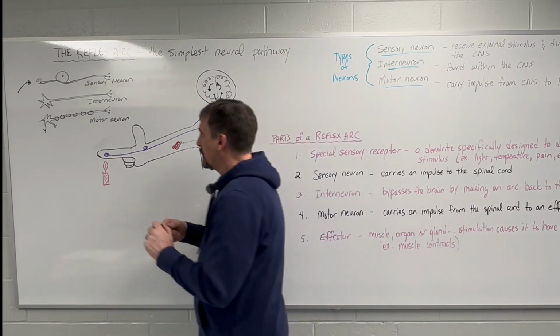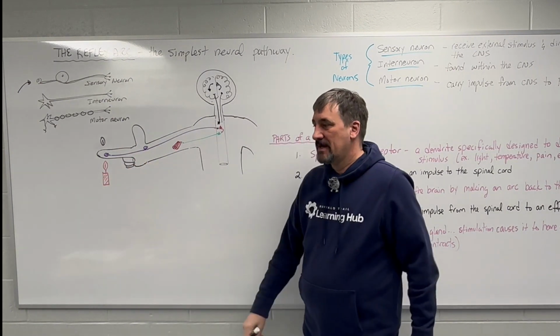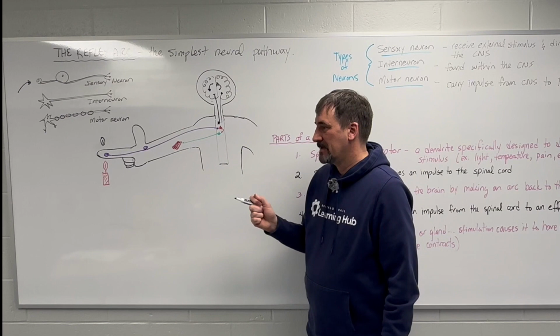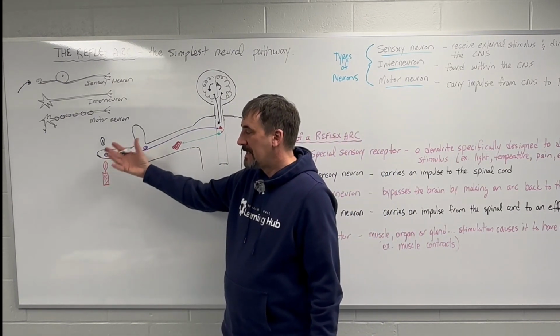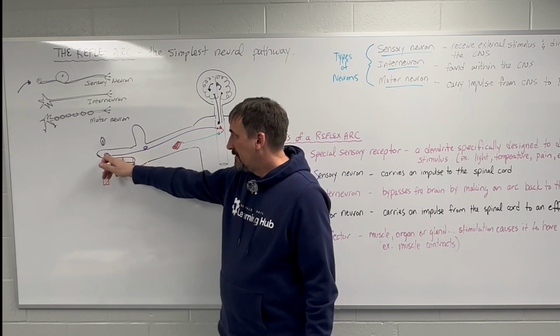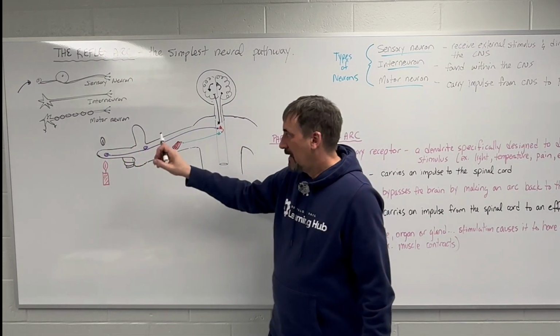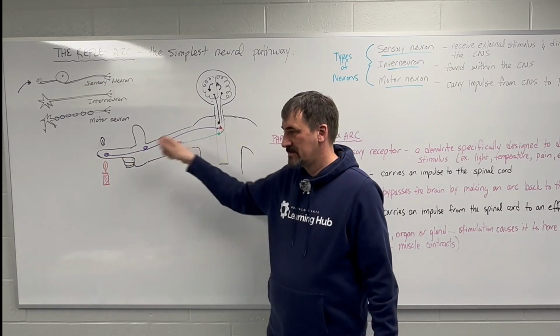So the parts are as follows. Number one is a specialized dendrite that's designed to detect one type of stimulus. So in this case, it's probably a temperature. A change in heat energy is going to be detected by that special sensory receptor. Now that's not a part on its own, that's just a specialized part of the sensory neuron.